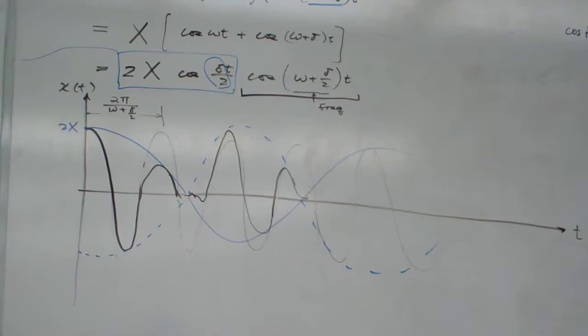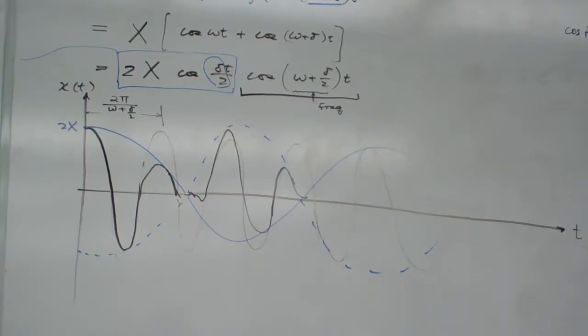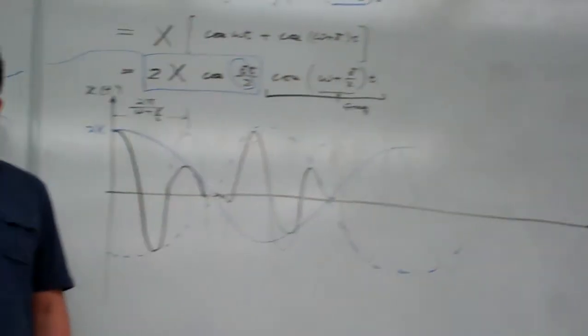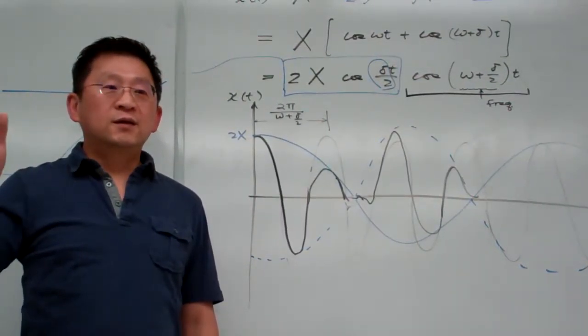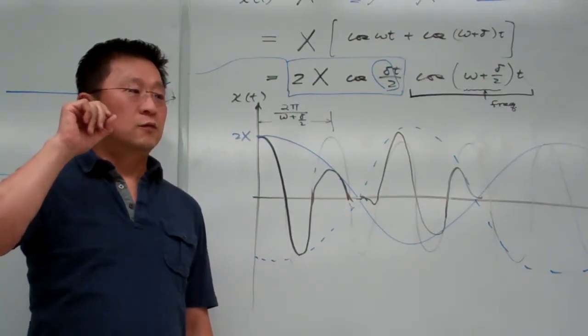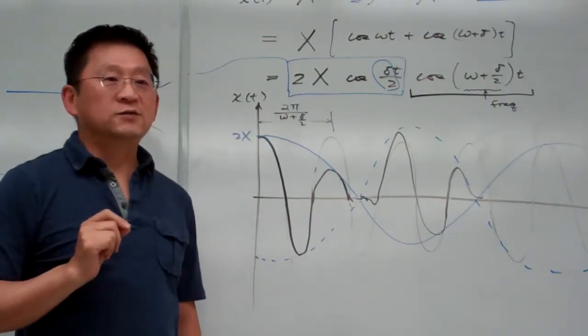And for this one, you can see if this frequency is in our hearing range, then you can hear the beating phenomenon. The beating phenomenon means that due to certain frequencies, you can hear some kind of beating. Beating means the magnitude of the sound is something like this one.